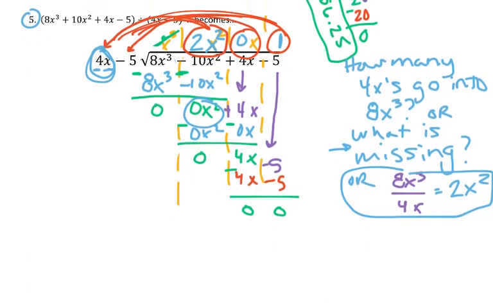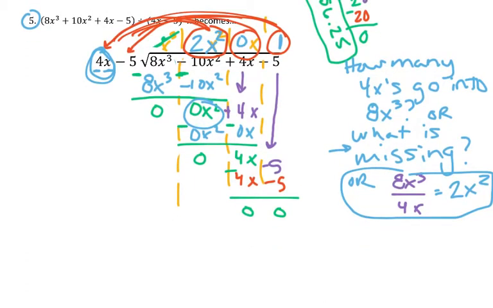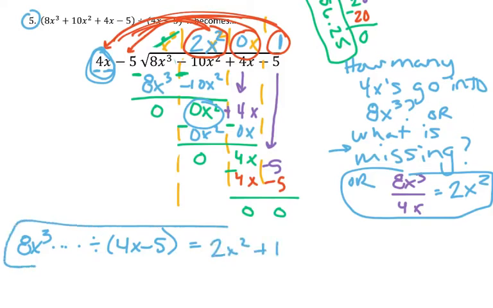Alright, so what we're going to say is, if we take that 8x cubed idea, divided by the 4x minus 5, we end up with 2x squared plus 1. Technically, you could say plus 0x, but that seems redundant, so we don't really need to.